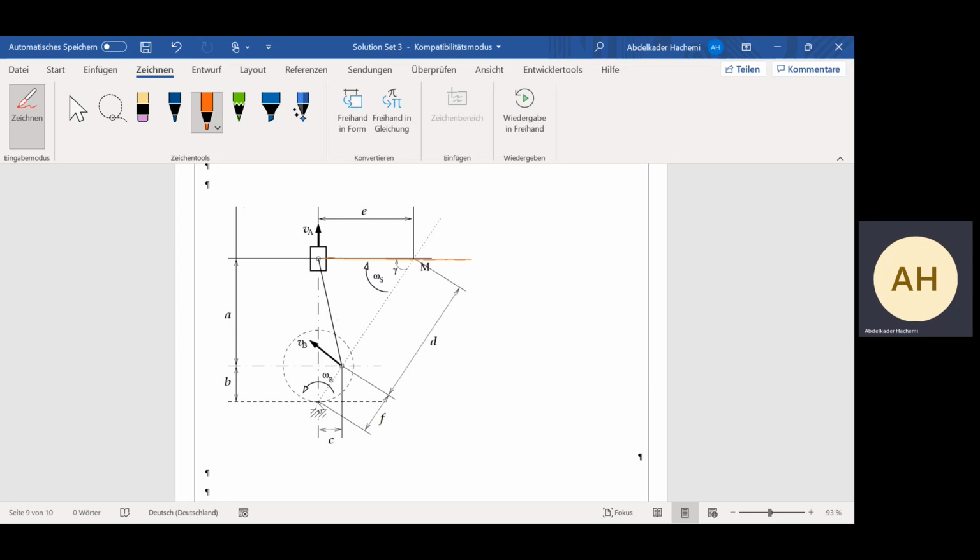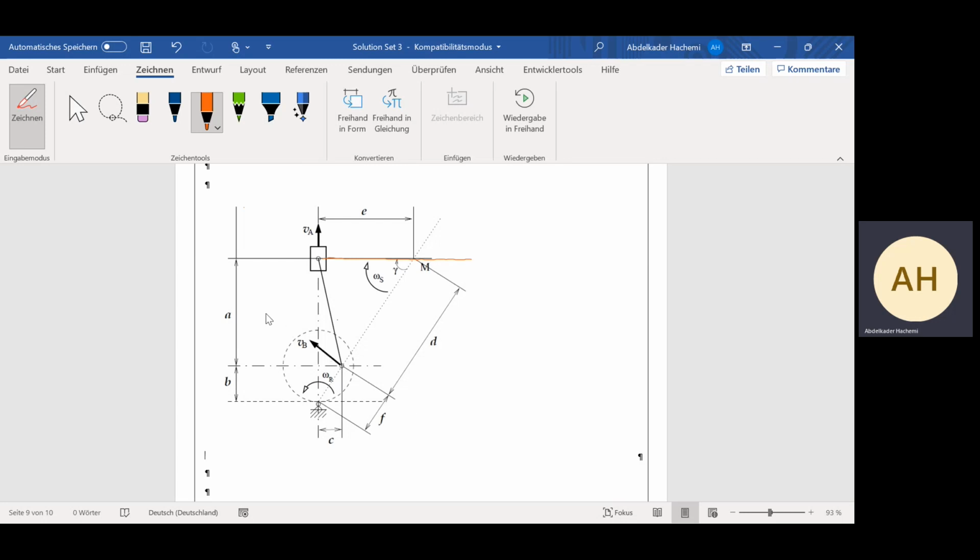So the direction of VB can be given. Why? It's perpendicular to the distance between point B and the hinge. We can calculate its magnitude if we have omega R, but we don't at the moment. We need only the direction to determine the instantaneous center of rotation.